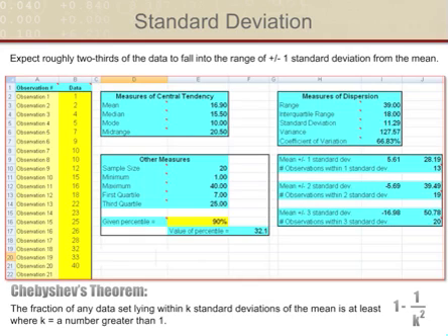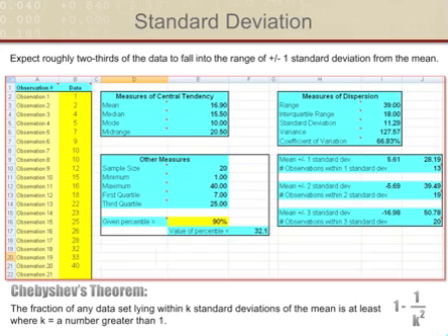We expect roughly 2/3 of the data to fall into the range of plus or minus 1 standard deviation from the mean. It's really supposed to be close to that. When the samples are larger and they're nice bell-shaped data, you'll expect it to look like that. I wouldn't expect that kind of accuracy with smaller data sets. But nonetheless, we expect about 2/3 of the data to be within 1 standard deviation of the mean.